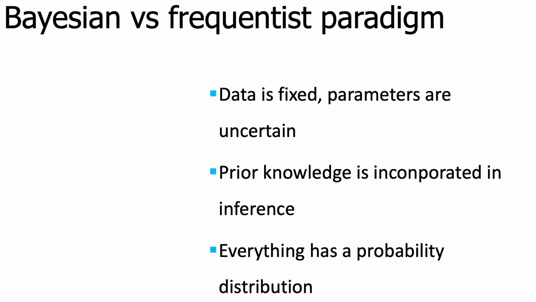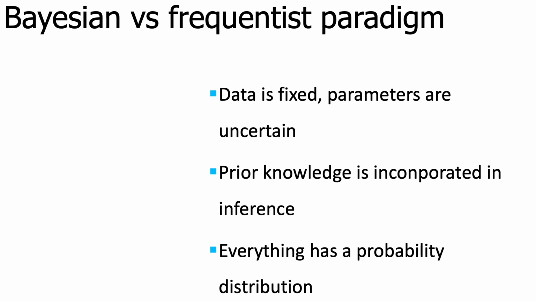So, how likely parameters are to lie in certain areas of the possible space, knowing that we observed this kind of data. This is a fundamental difference: in the frequentist case, data varies and parameters are fixed.